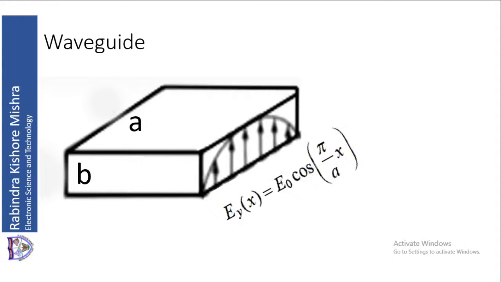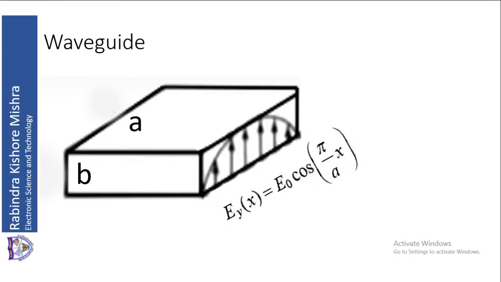At one end it is 0, then it gradually increases in a cosine distribution to the maxima, then comes down to 0. So this is 1/2 wavelength variation. This is how the field is distributed on the aperture of the waveguide.